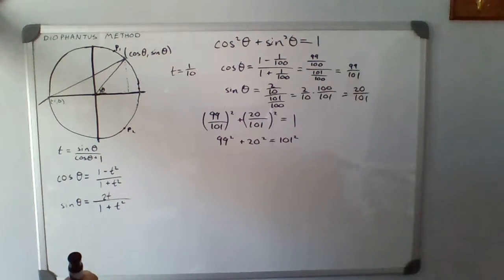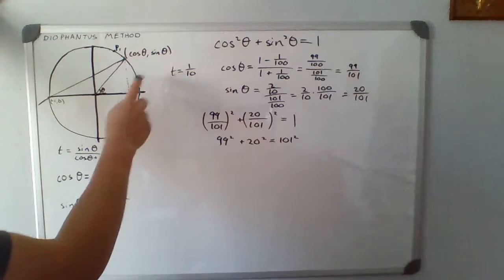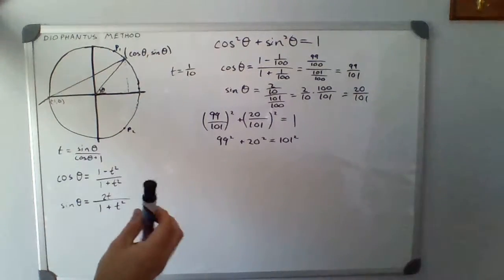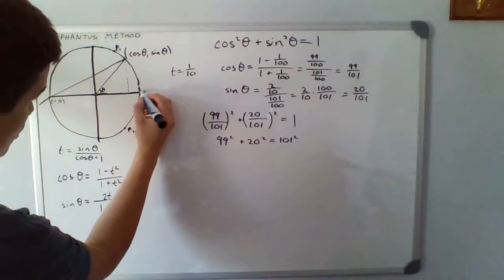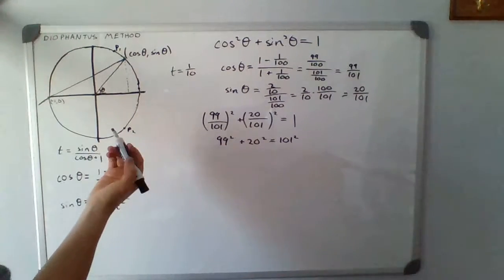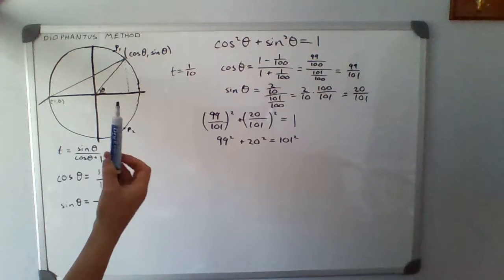Okay, so now that we know that t is a parameter, we can use any number we want for t. If we get really, really small rational numbers, we'll know that it'll give me a point over here.